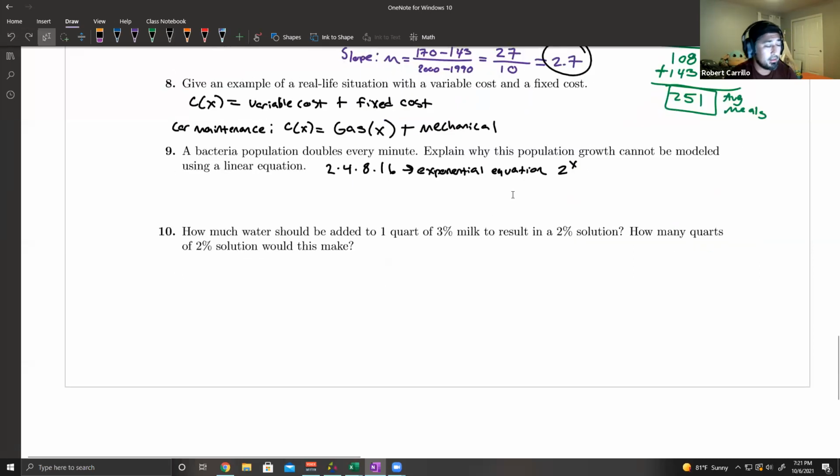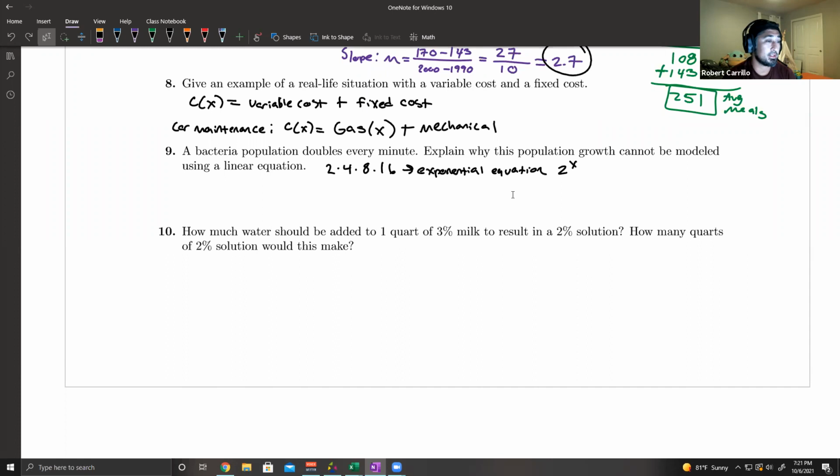And last one. Oh boy. How much water should be, oh, they threw in a mixtures problem. My goodness. It's like, hey, remember this? How much water should be added to 1 quart of 3% milk to result in a 2% solution?